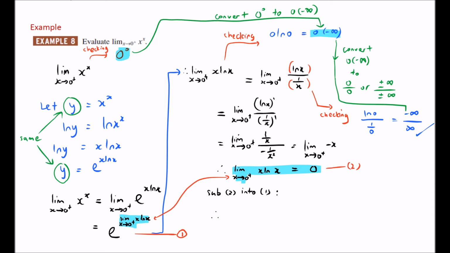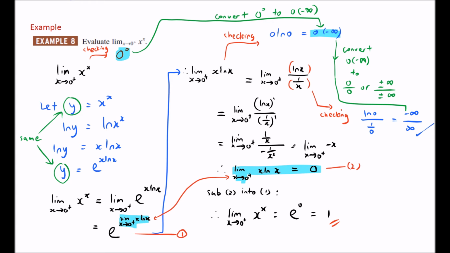So we say the limit as x approaches 0 plus of x power x is e power 0, which is 1. So this gives us the limit for this question.